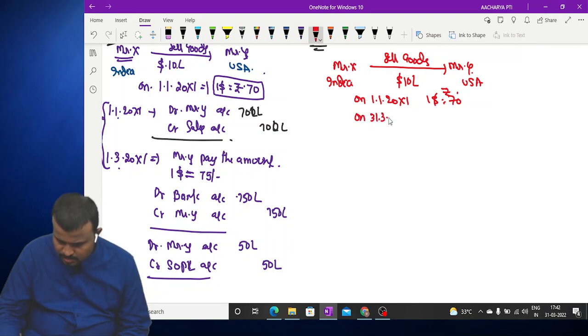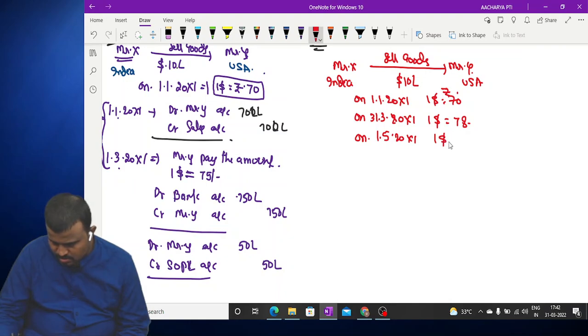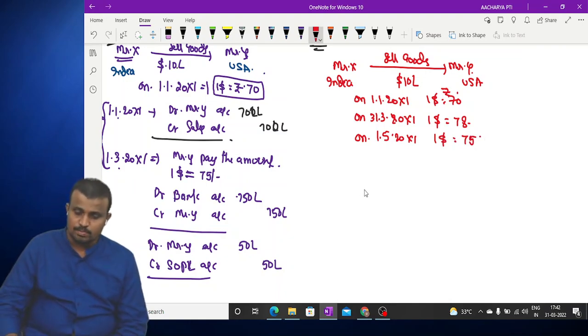On 31st March 20X1, $1 is equal to 78 rupees. On 1/5/20X1, $1 is equal to 75 rupees.